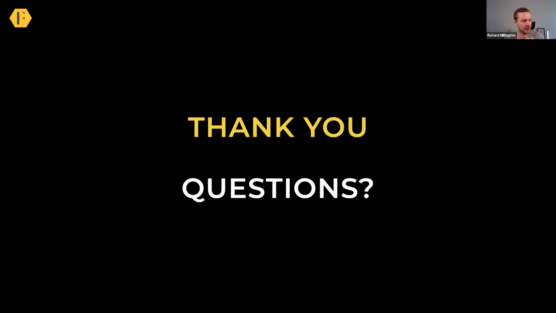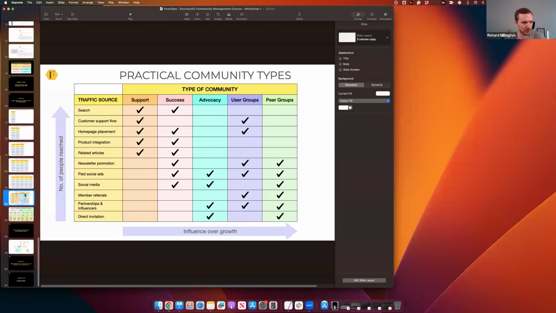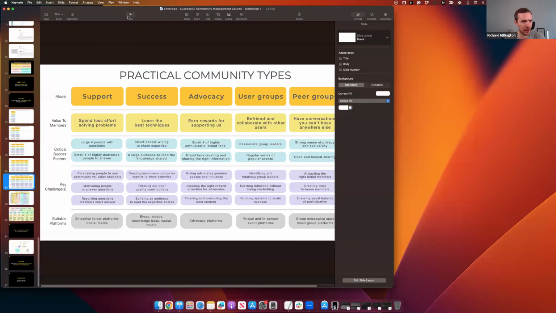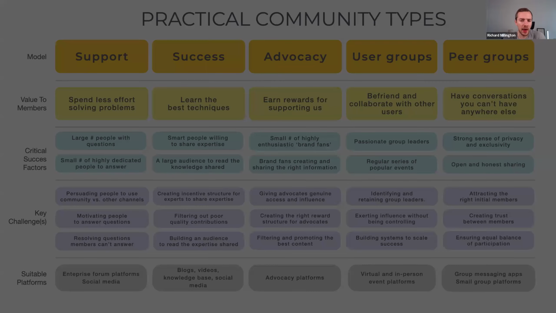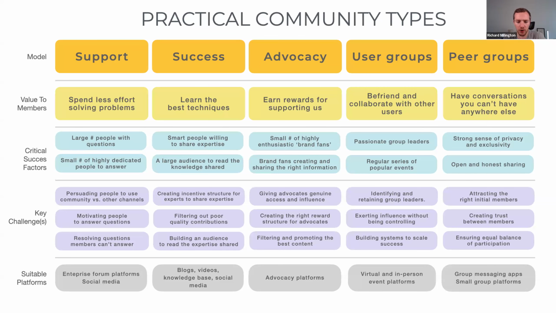I think it's great, if I go back a couple of slides actually. Let me just go back to this slide. I think Slack is very good for maybe success, maybe user groups, peer groups, especially peer groups. But just be very clear what the trade-off is.